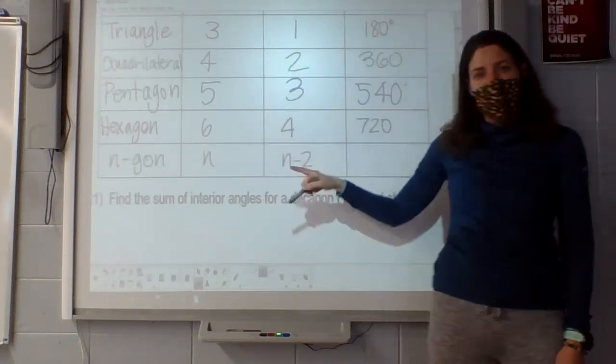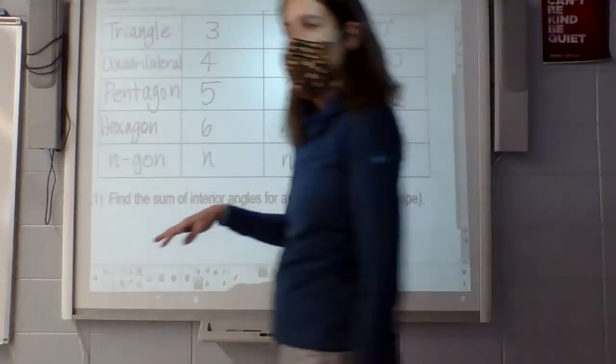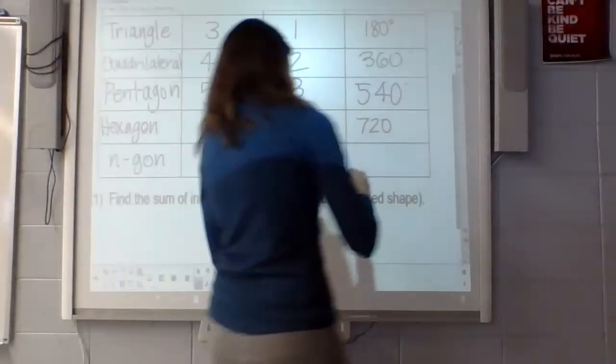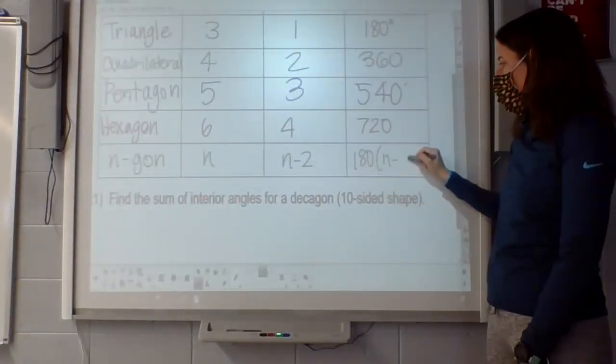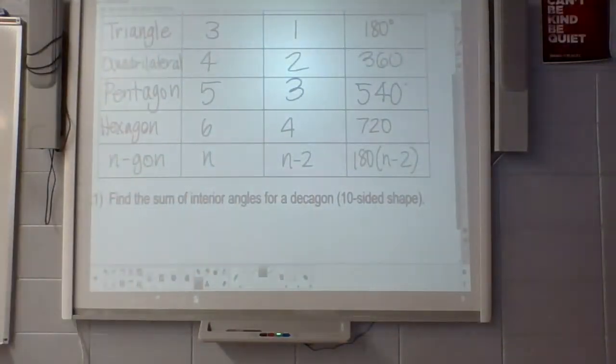This pattern is holding true, and you could check it on other ones as well. So then how would I find the sum of the angle measures? n minus 2 times 180. Very good. So 180 times n minus 2 is how we got that number. We took the number of sides, subtracted 2, and multiplied by 180.